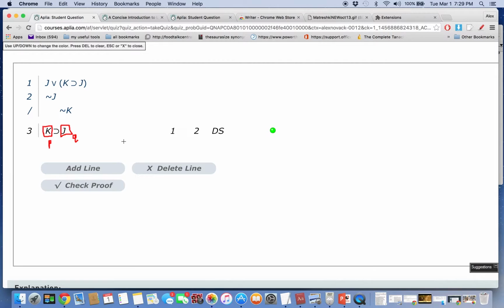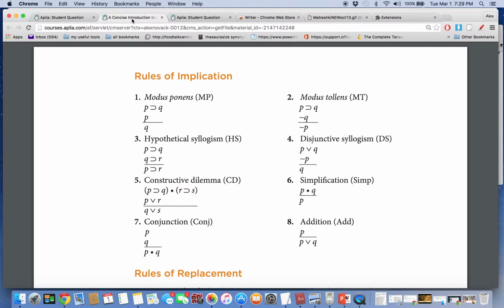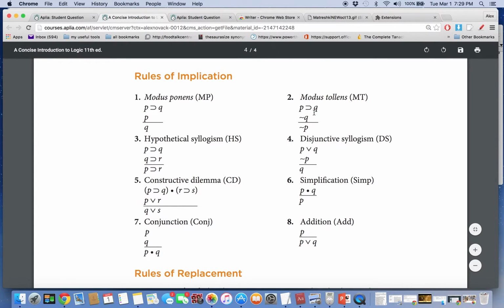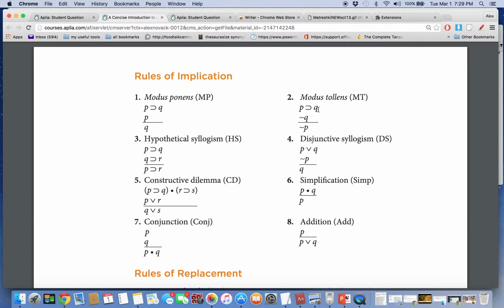So we've got now something on line number 3 that corresponds to P horseshoe Q, which matches up to modus tollens here, P horseshoe Q, that first parent from modus tollens. Perfect. But notice modus tollens requires a second parent that here has the form tilde Q.